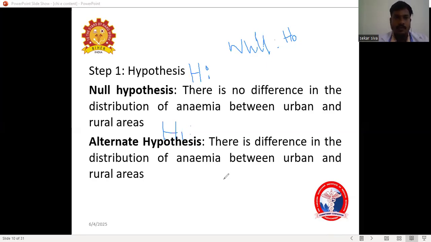The null hypothesis is that there is no difference in the distribution of anemic between urban and rural areas. That is null hypothesis H0. The other one is the alternate hypothesis: there is a difference in the distribution of anemic between urban and rural areas.